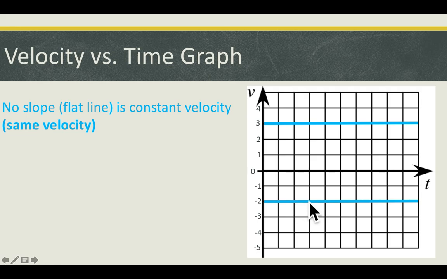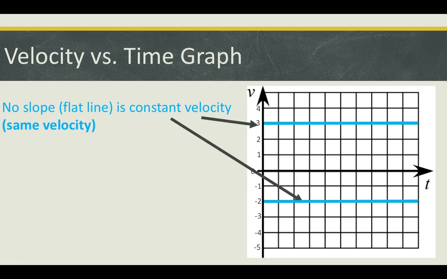So the one on the top shows an object that's moving faster than the one on the bottom, and they're moving in opposite directions, since a positive velocity is in the positive direction and a negative velocity is in the negative direction.